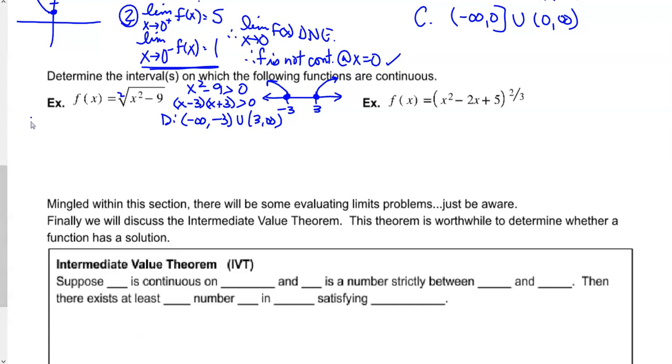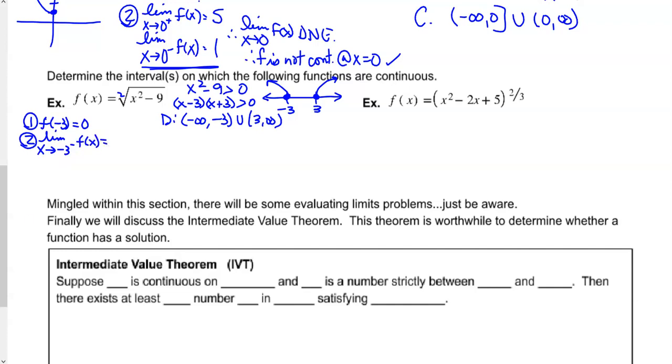So let's look at number 1 of our checklist. What is f of negative 3? Well, if I plug negative 3 into this function, square it, subtract 9, I get a 0 after square rooting it. If I look at number 2, what's the limit as I approach negative 3? Now, which way am I coming from? I'm coming from the left on this function, negative 3 from the left of f of x.